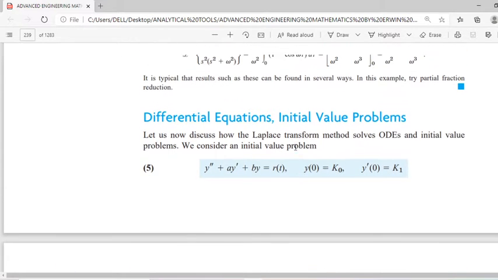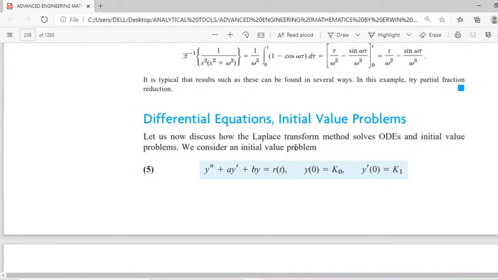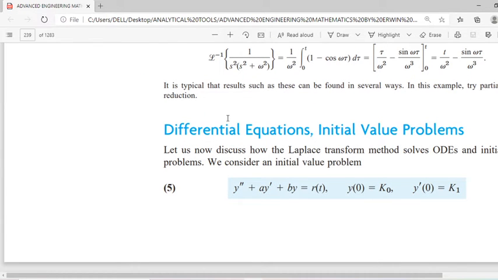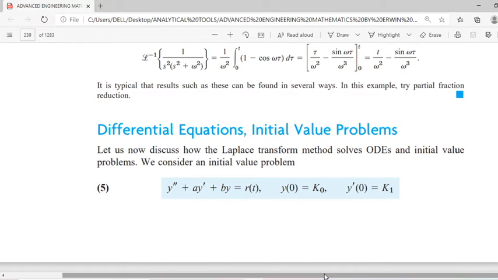I think the students from the mathematics background might have studied in detail about differential equations and methods of finding solutions. In this book, Advanced Engineering Mathematics, you can see some chapters on finding solutions of differential equations.